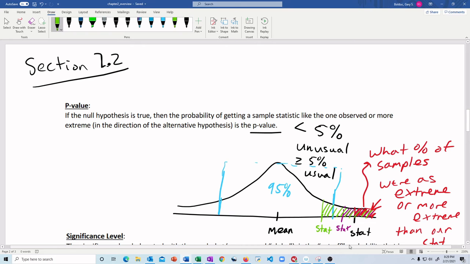We're not calculating the cutoffs. We're just doing a calculation for your stat itself. And just remembering 95% in the middle is usual, 5% on the outside is unusual. So it's going to take a little while to get us ready for this, but that's okay. Just always go back to 95%, 5%.